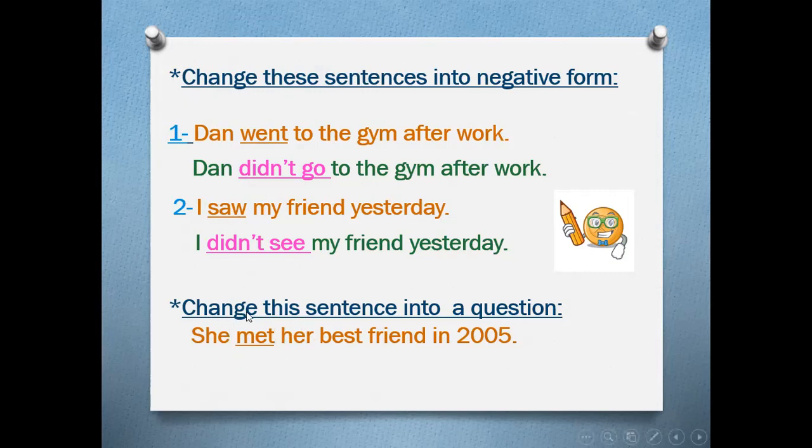So met is a verb too. So we have to ask by using did, then the subject she, met goes back to the infinitive form. So did she meet her best friend in 2005? And we add a question mark.